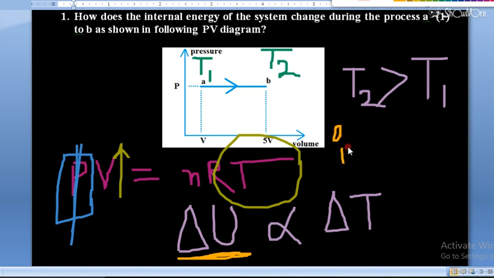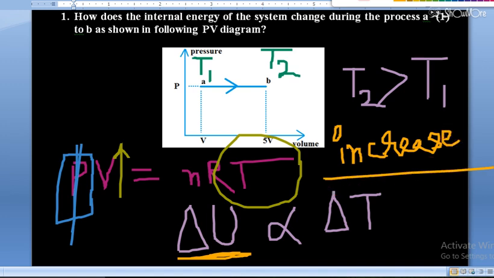You can write in your own words how to answer this question. I have explained the complete process, so you can use the ideal gas equation, then give the reason: the internal energy of the system will increase during the process A to B. It is an isobaric expansion process.